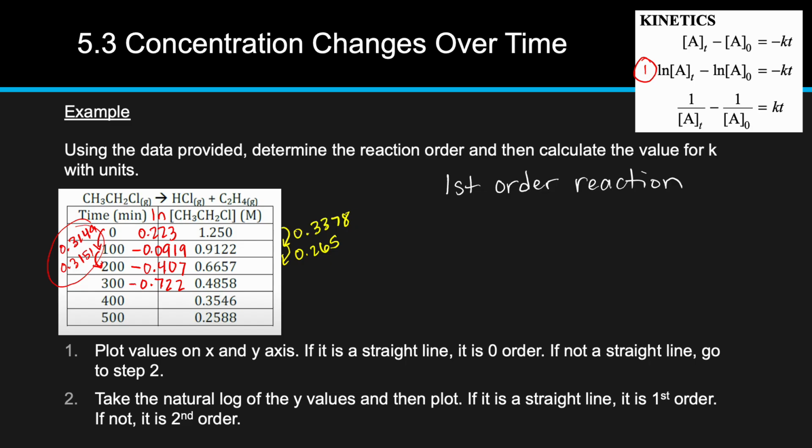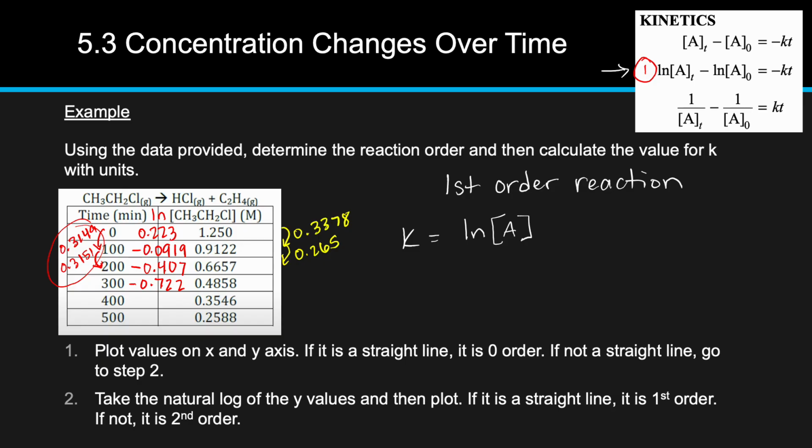So using my first order kinetics integrated rate law from my reference sheet, which I already identified here, I'm going to just solve for K. So that's going to be the natural log of concentration of A, which in this case is CH3CH2Cl, and that's going to be at a certain time.